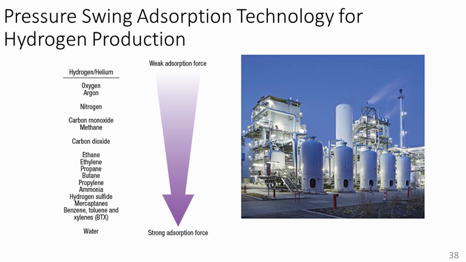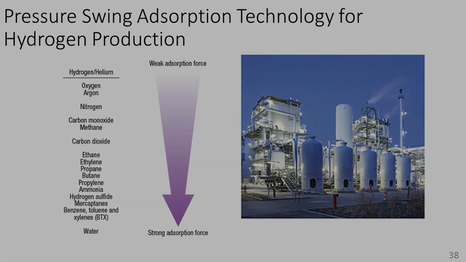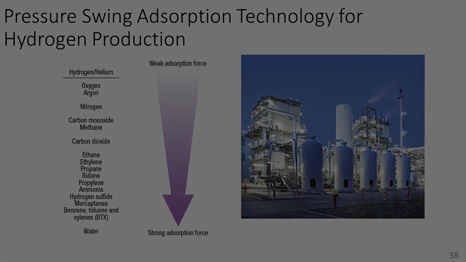Highly volatile components with low polarity, such as hydrogen or helium, are essentially not adsorbed at all compared to molecules such as CO2, CO, nitrogen, and hydrocarbons. The relative attractive force of various gas molecules with typical adsorbent materials is shown in a figure.